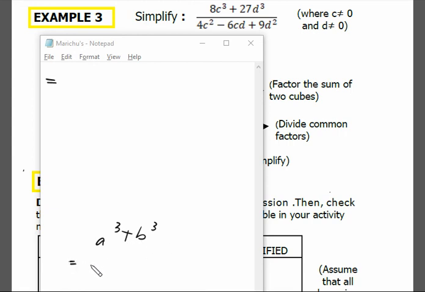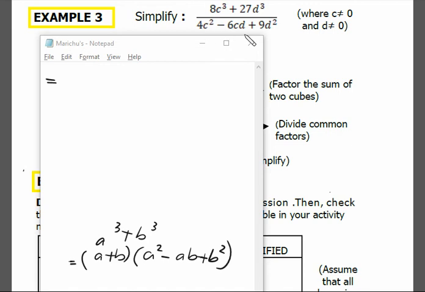So the factors are, as given before, quantity a plus b times quantity a squared minus ab plus b squared. This is our blueprint in solving this particular example.